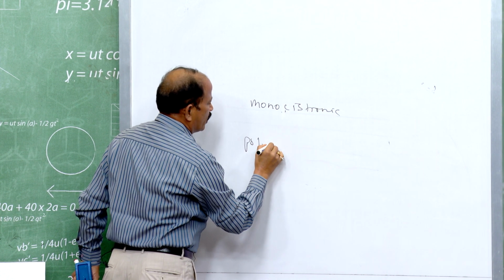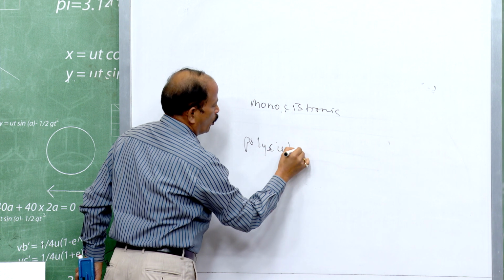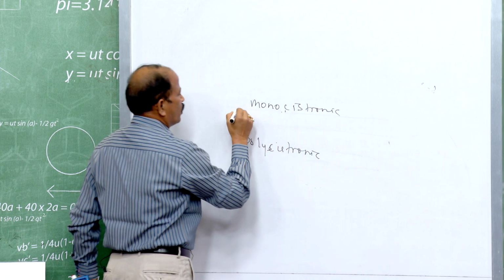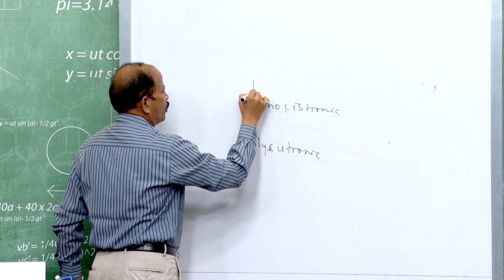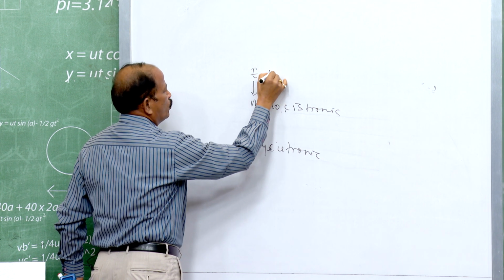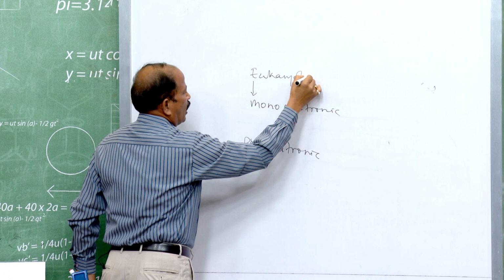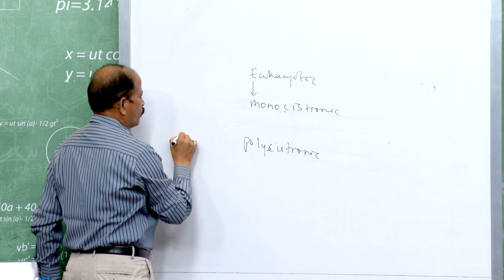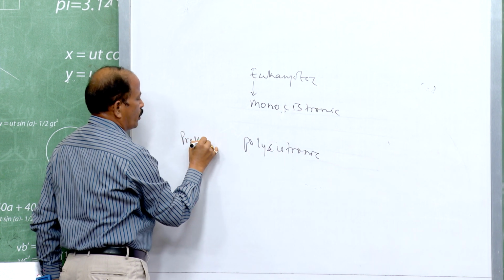So, prokaryotic genes are polycistronic, but this is the case of eukaryotic gene. So, eukaryotic genes are monocistronic, but prokaryotic genes are polycistronic.